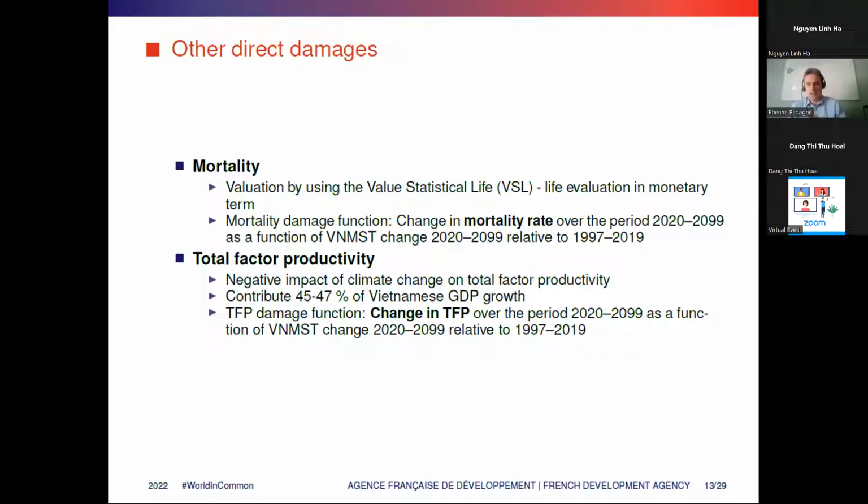So by using this firm level data, we had an observation of how TFP might have been affected by climate change in the past, and use this damage function as well for projections.